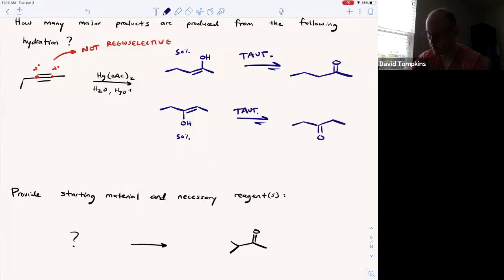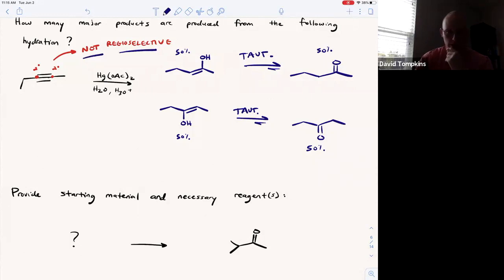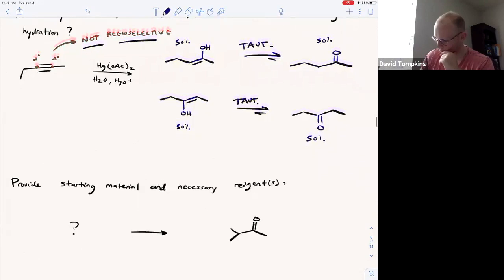So after tautomerization, you would have about 50% of 2-pentanone and 50% of 3-pentanone. So asymmetric internal alkynes give mixtures of various ketones upon oxymercuration or mercury-catalyzed hydration.